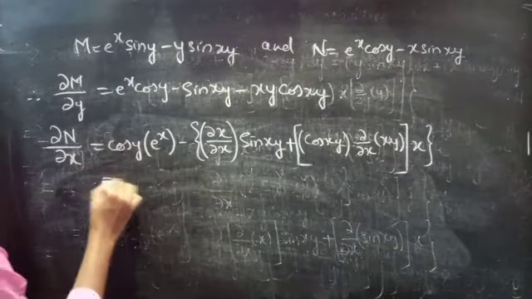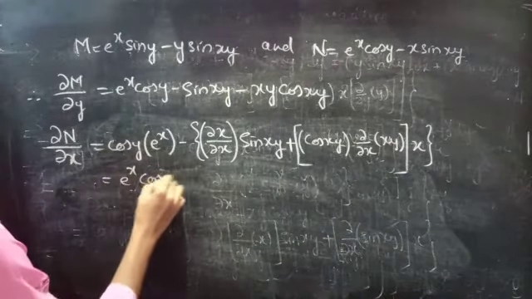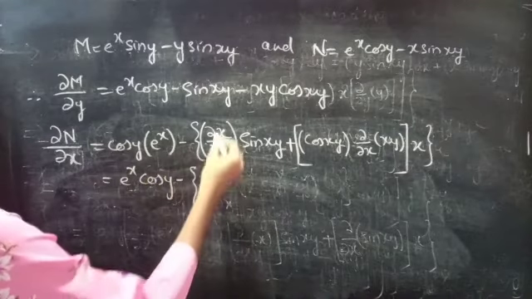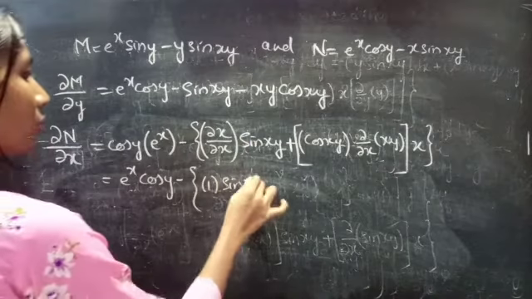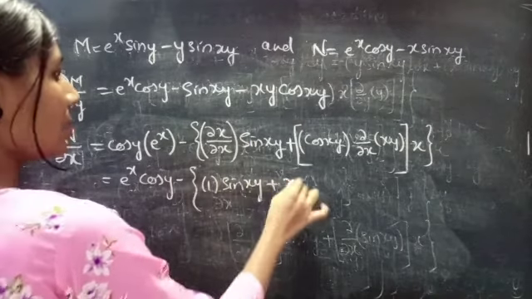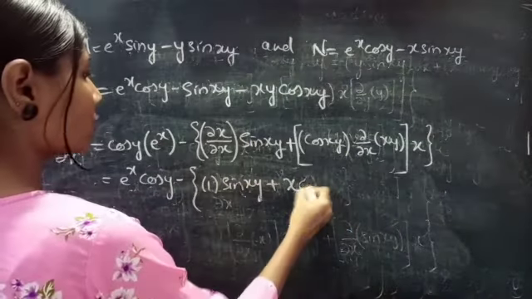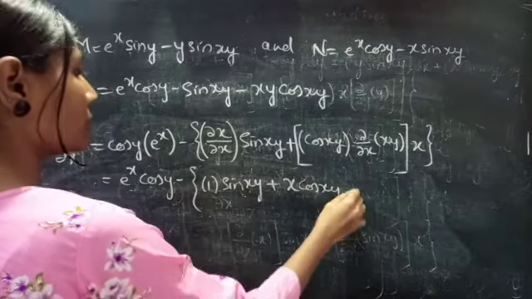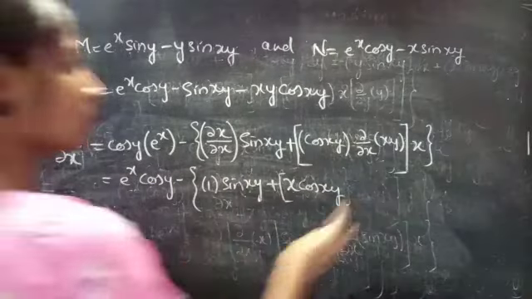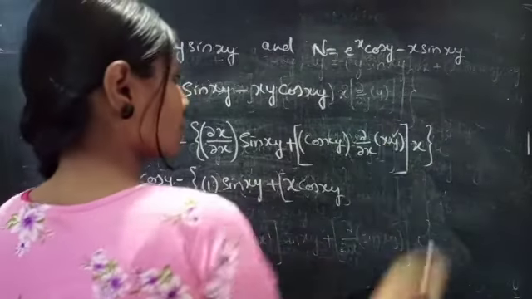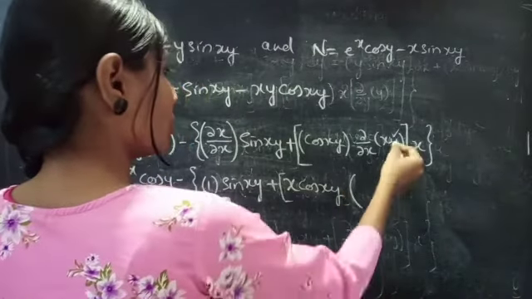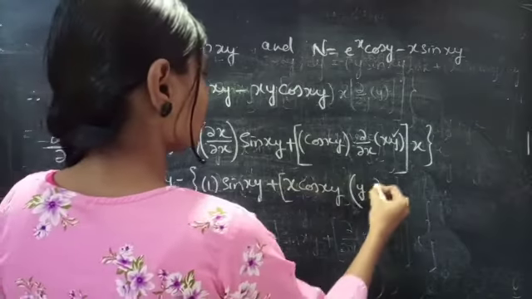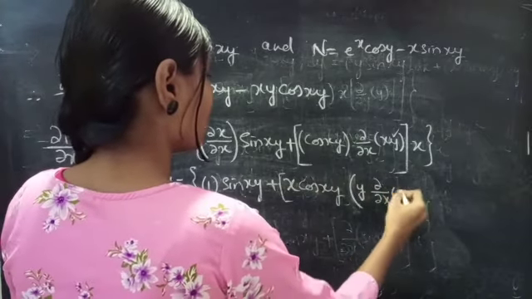Is equal to e^x cos y minus of the derivative of x with respect to x, which is 1, into sin xy plus x cos xy into, here y is treated as constant, so we can write this as y into ∂/∂x of x.